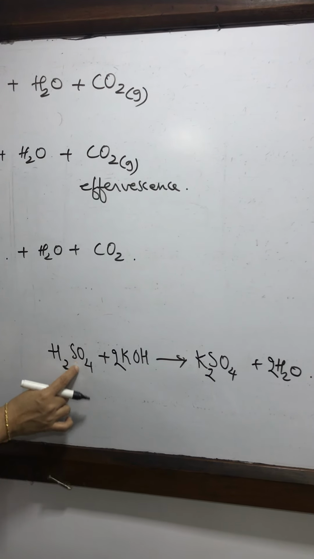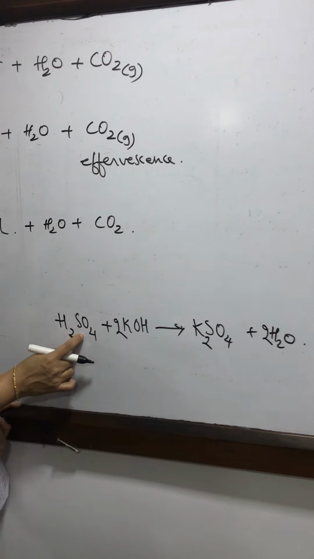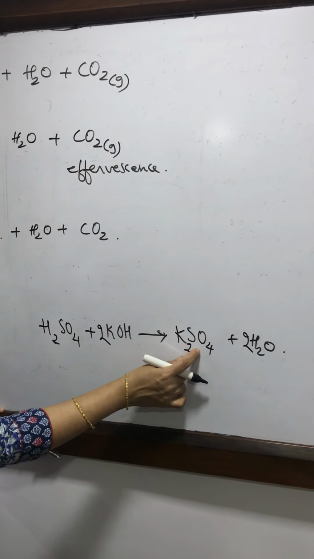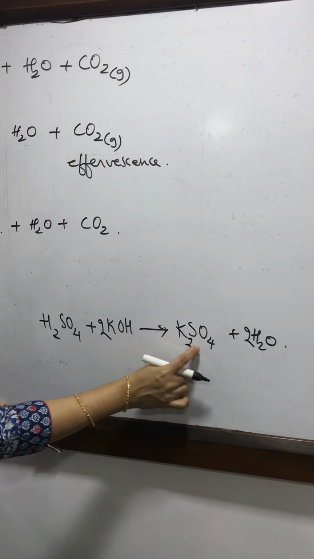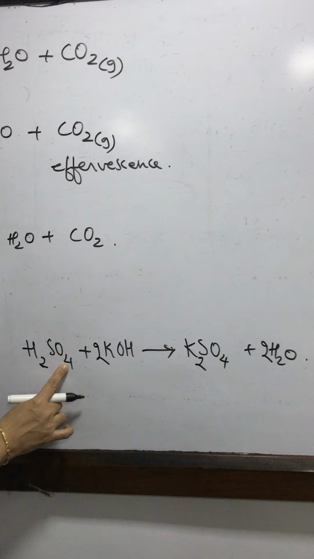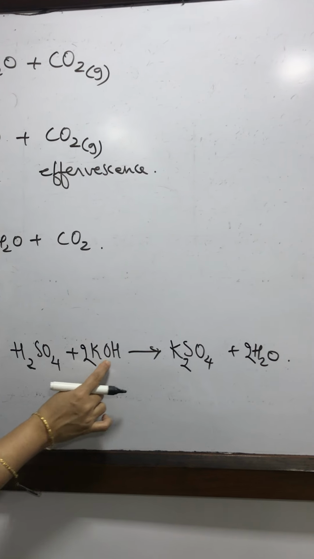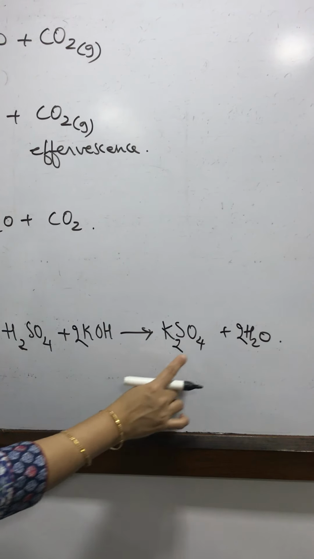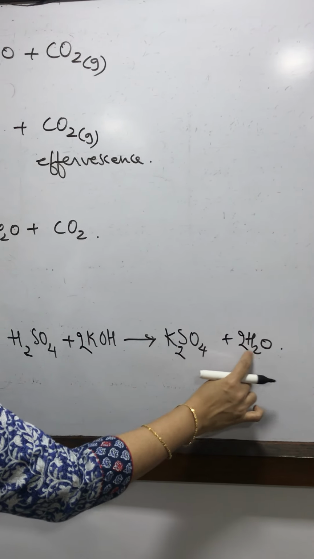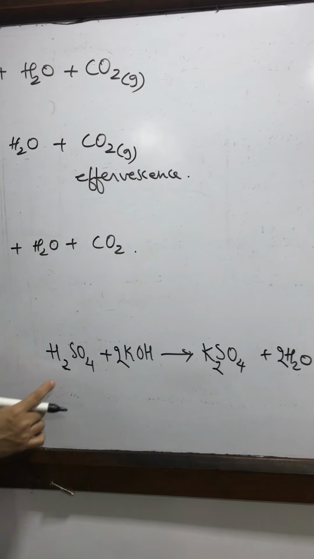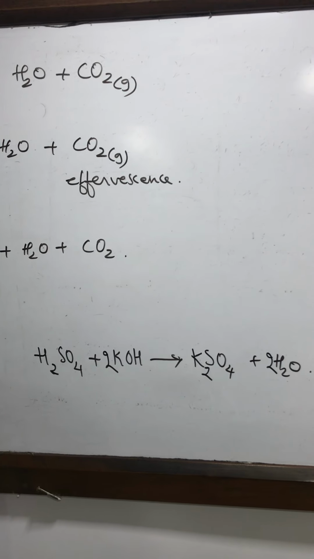The number of sulfur atoms in sulfuric acid is only 1. The number of sulfur atoms in potassium sulfate is also 1. So the number of sulfur atoms are equal. Similarly, we have 4 plus 2 oxygen, that is total 6 oxygen atoms on reactant side, and 4 plus 2, that is 6 oxygen atoms on the product side. This equation is now balanced.